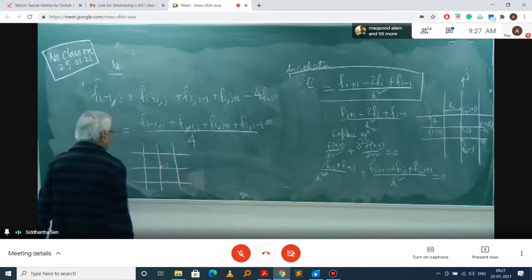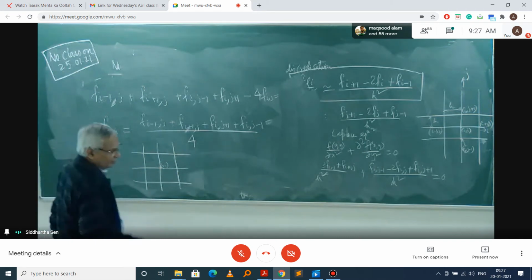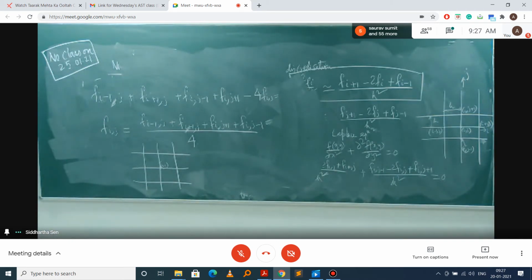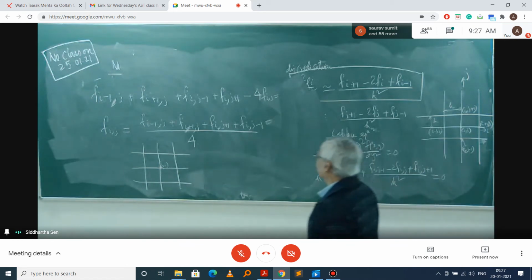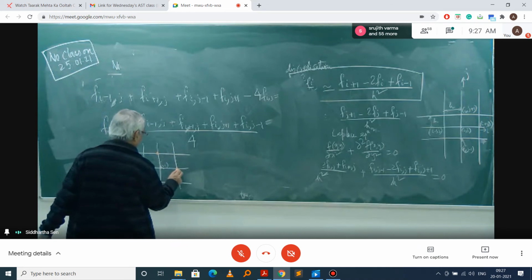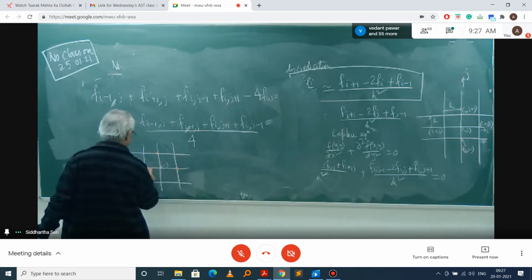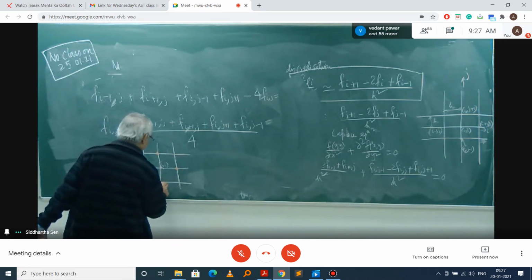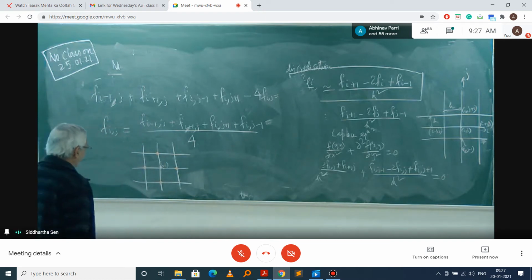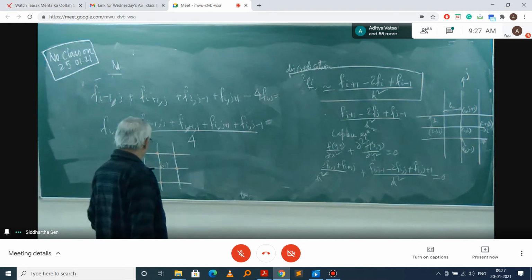If I want to know the value at I comma j, then I need to find out the potential, or whatever value you wanted to know, of these functions on the left of the grid, on the right, on the top, and just below that one.